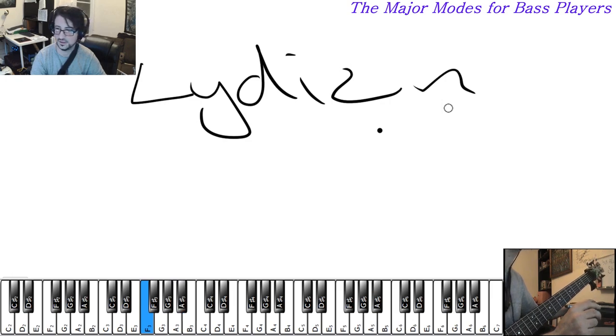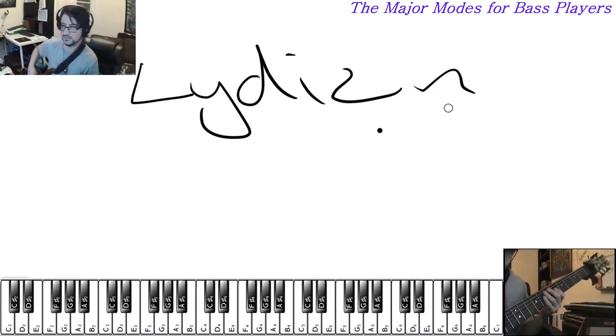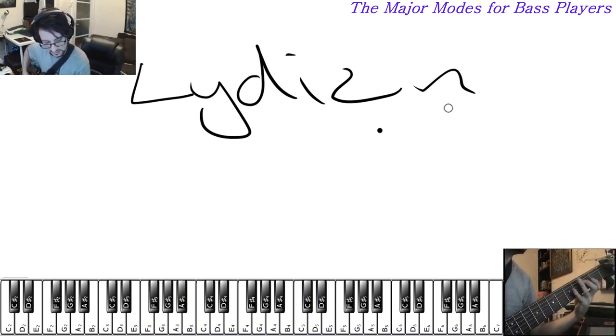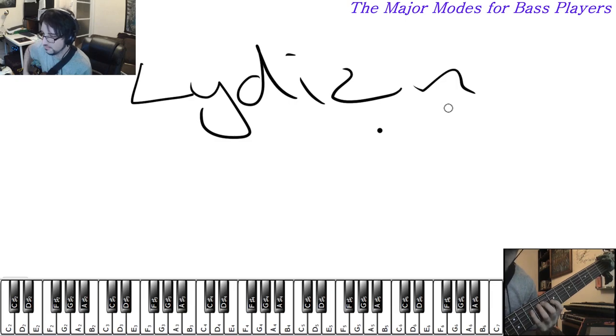And it's this interval here, the B, that makes it distinct from the major scale, because the major scale, we started on C, but we're starting on F for Lydian. So if we played an F major scale, the same pattern, then we sharpen the 4th.